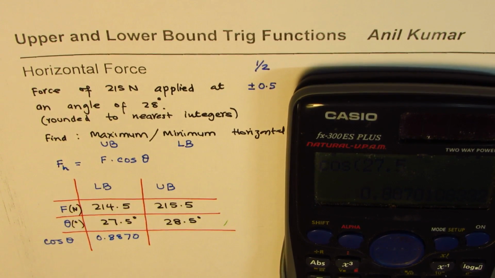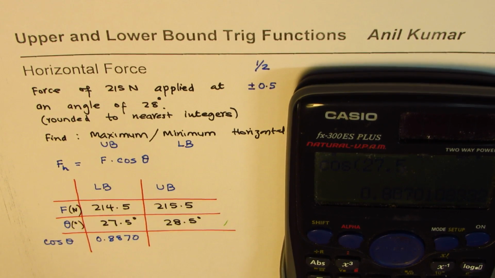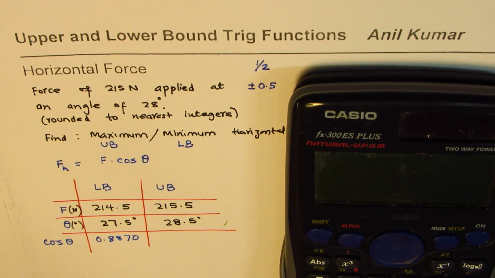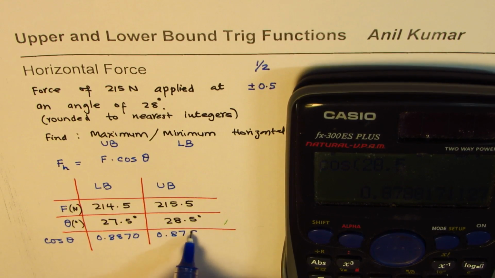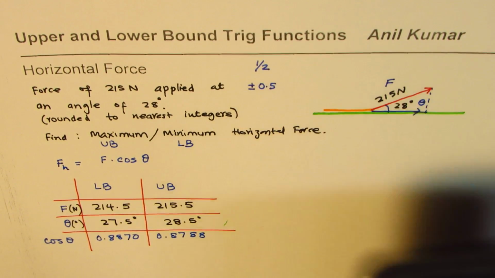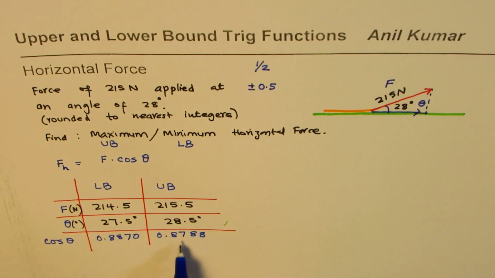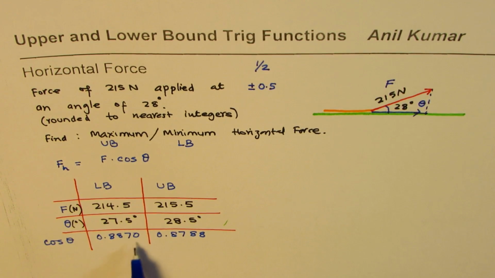In your calculations, you can use 4 decimal places. And how about cos of 28.5? It is equal to 0.8788. Correct?